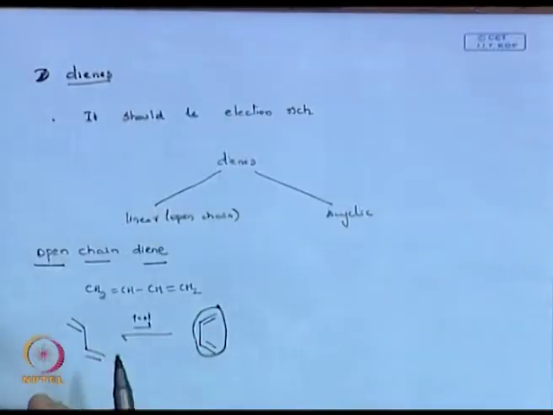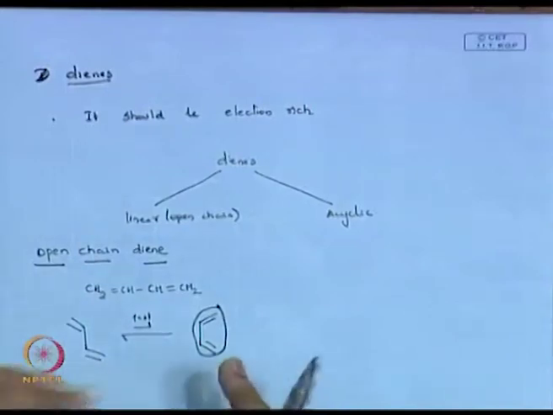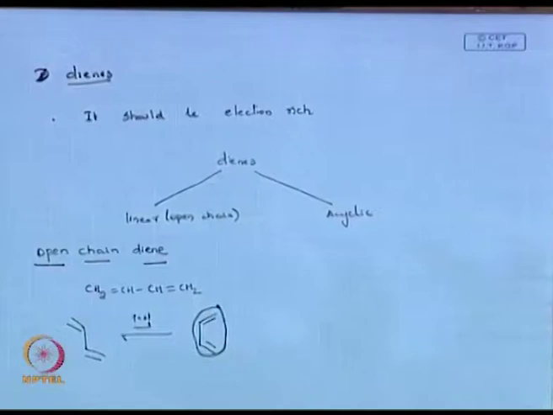In transoid form, that is a limitation. The major limitation is that the diene should be in the cis or cissoid configuration to carry out the Diels-Alder reaction, apart from being electron rich. If it is in a transoid form, you never get this type of Diels-Alder reaction. Since it is linear, you always have an equilibrium between cissoid and transoid. The transoid ends up as a cissoid, which undergoes the Diels-Alder reaction.